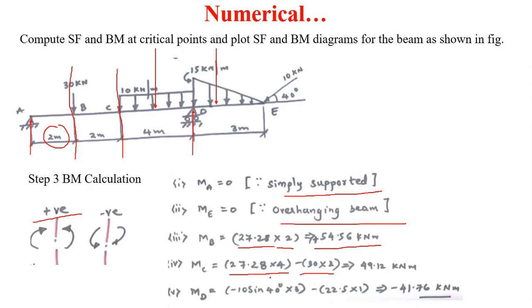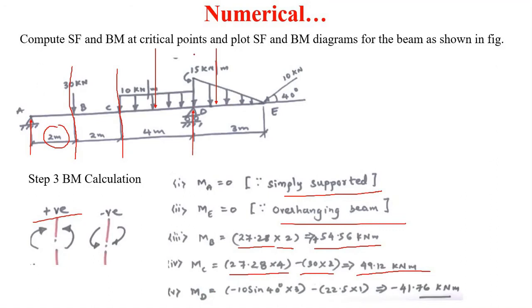So calculate this: 27.28 into 4 minus 30 into 2. It will be 42.12 kilonewton meter.